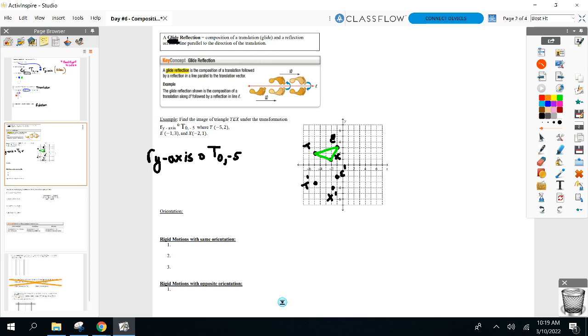And we're labeling it T prime, E prime, X prime, right? Because we're doing a transformation on it.